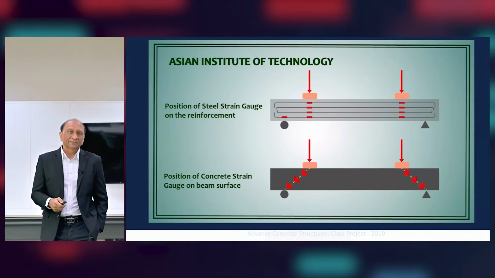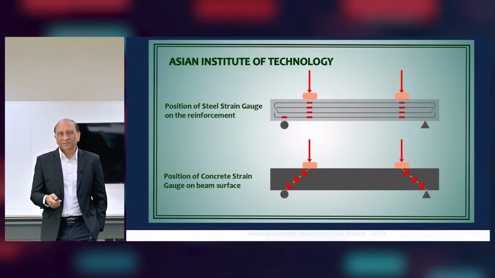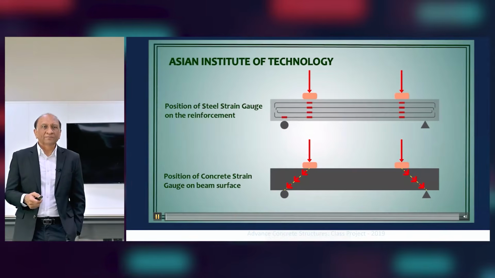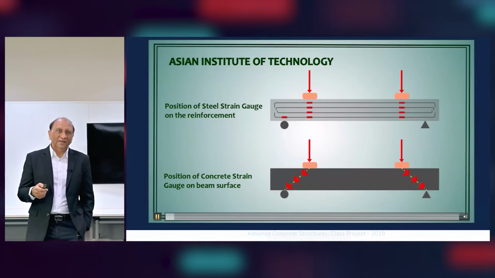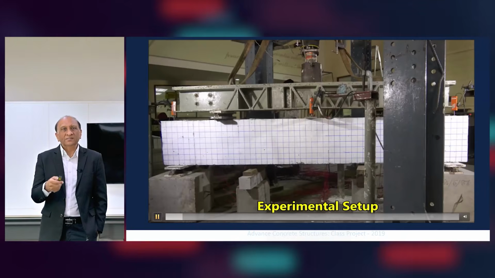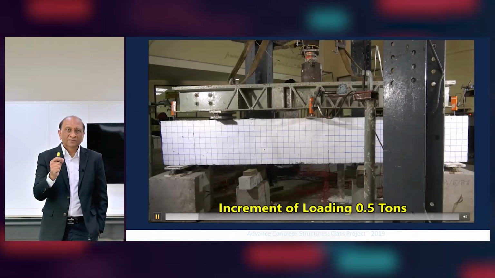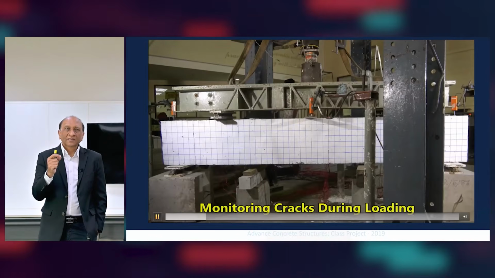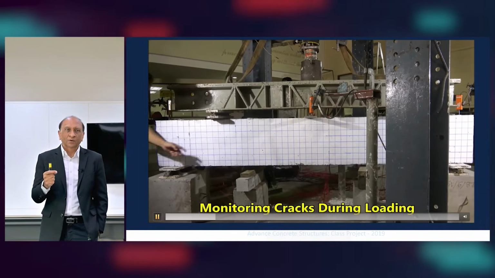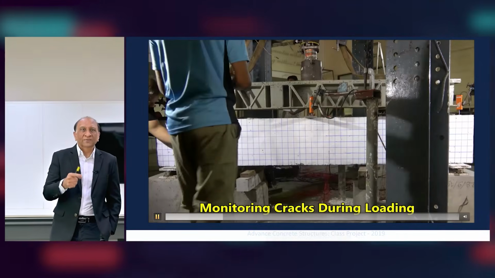Let's say we test the beam, and this is one of the examples. This is the test of a beam at AIT, one of my classes, and you can see that when you test the beam, you can observe the deformation, the cracks, and the strain. You put the strain gauges everywhere, you look at the cracking, you start measuring everything.